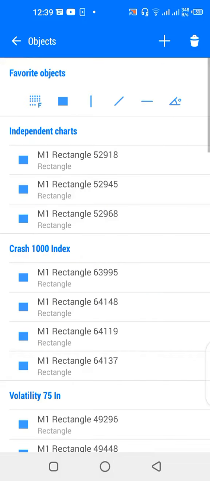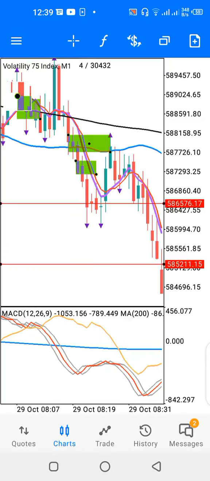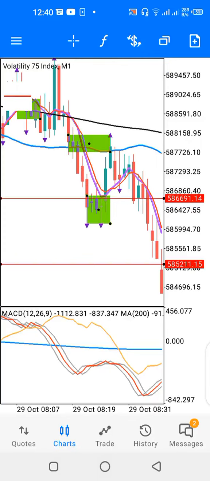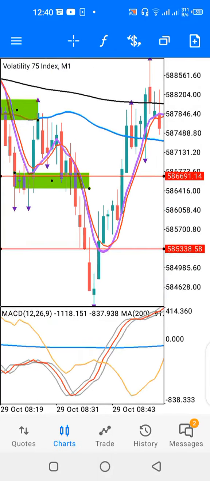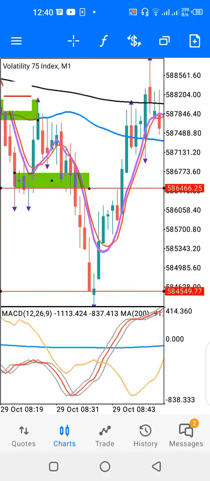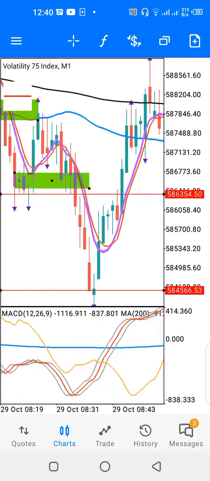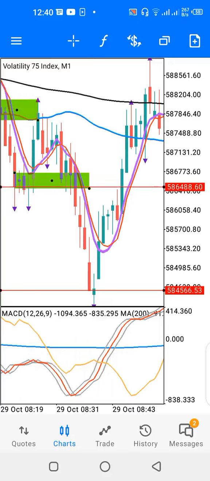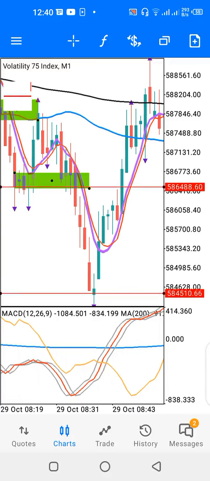This is 1, 2, and this is the 3rd one around here. So if we place a sell trade somewhere around here, we sold around here. Of course, the price got as low as this point. We have about 2,000 points from 586,466, which is around here, to 584,510. That's about 2,000 points.